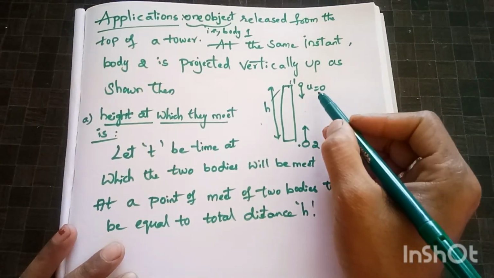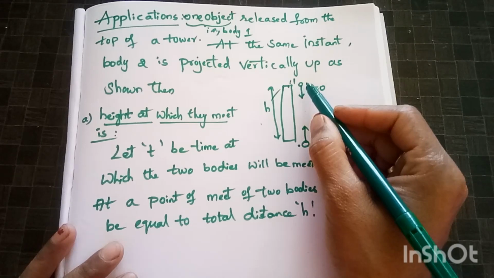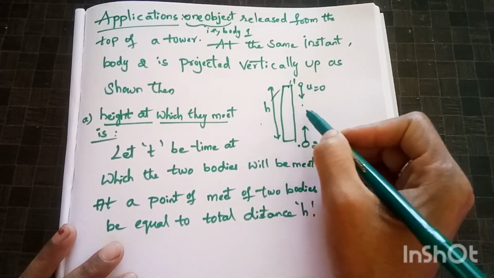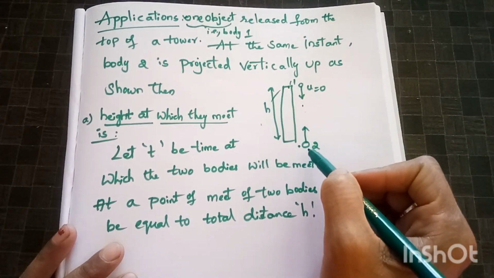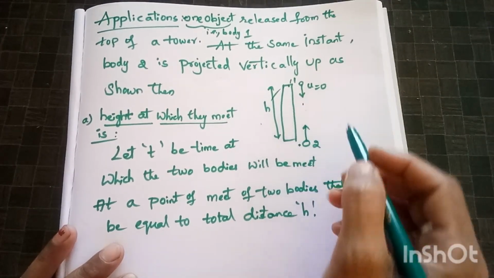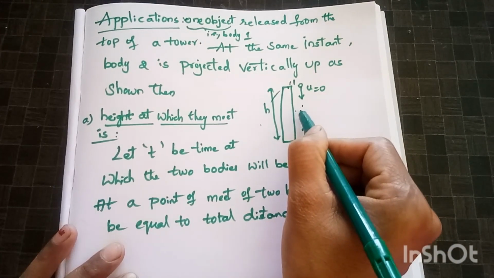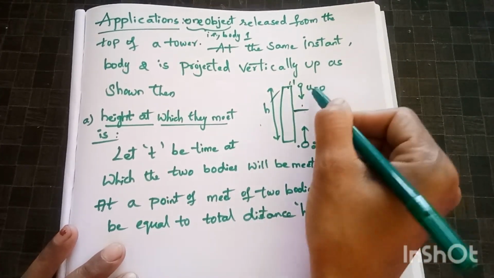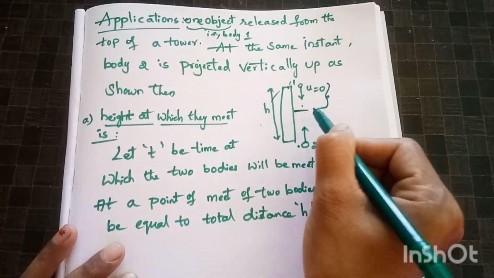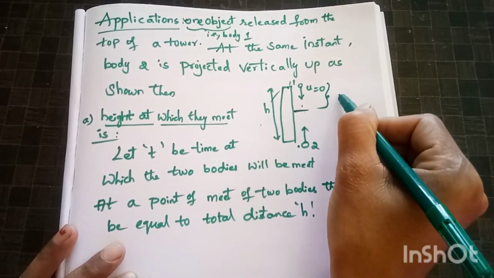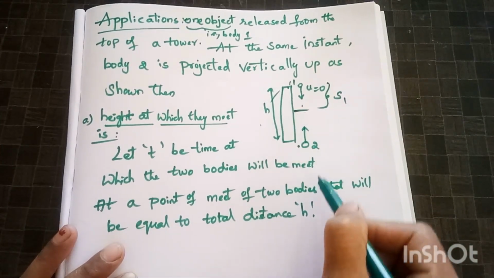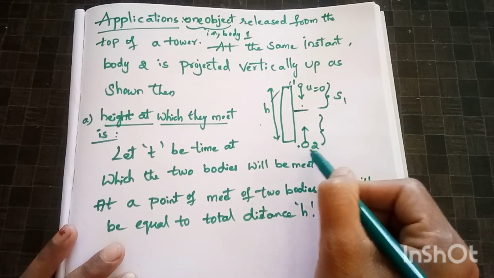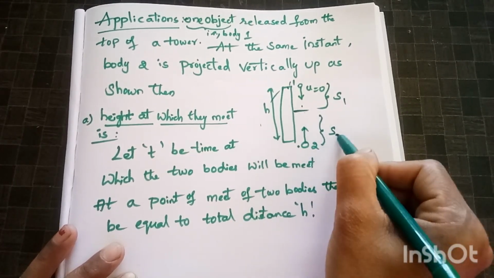If body 1 is falling freely and at the same time body 2 is projected vertically upward, suppose the two objects meet at this point. This is the distance traveled by the first object, that is s1, and this is the distance traveled by the object in the upward direction, that is s2.